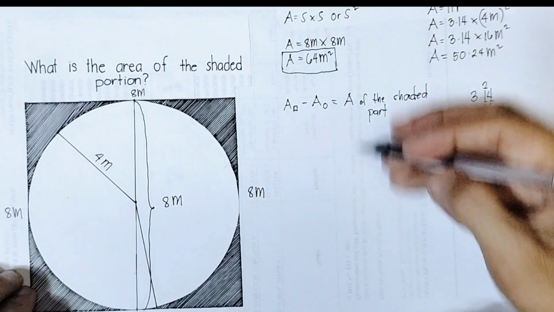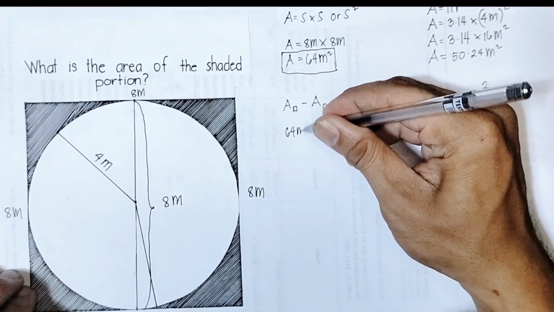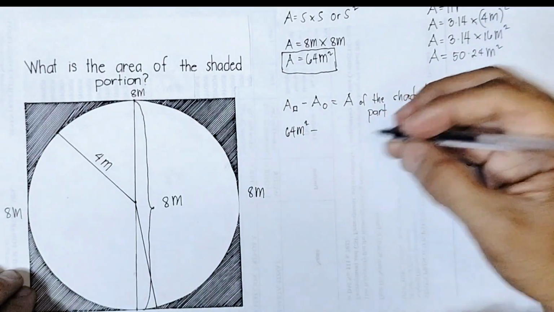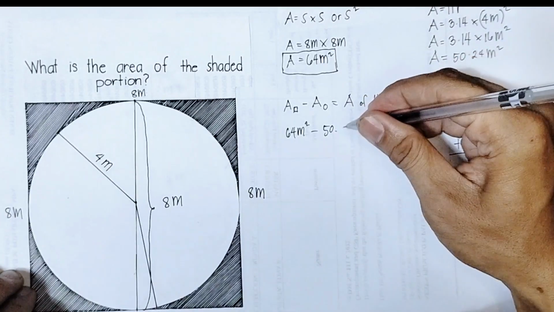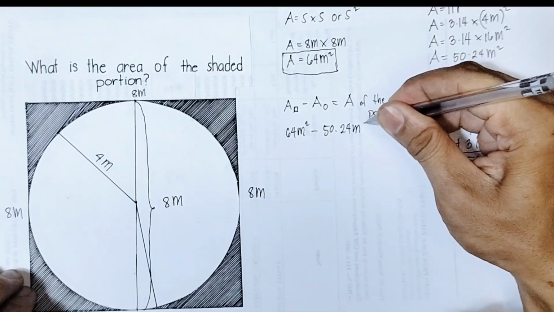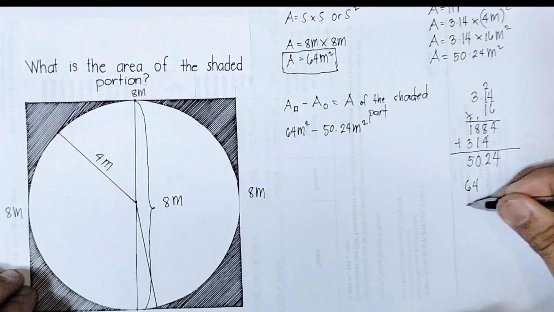So what's the area of the square? That is equal to 64 meters squared minus the area of the circle, which is equal to 50.24 meters squared.